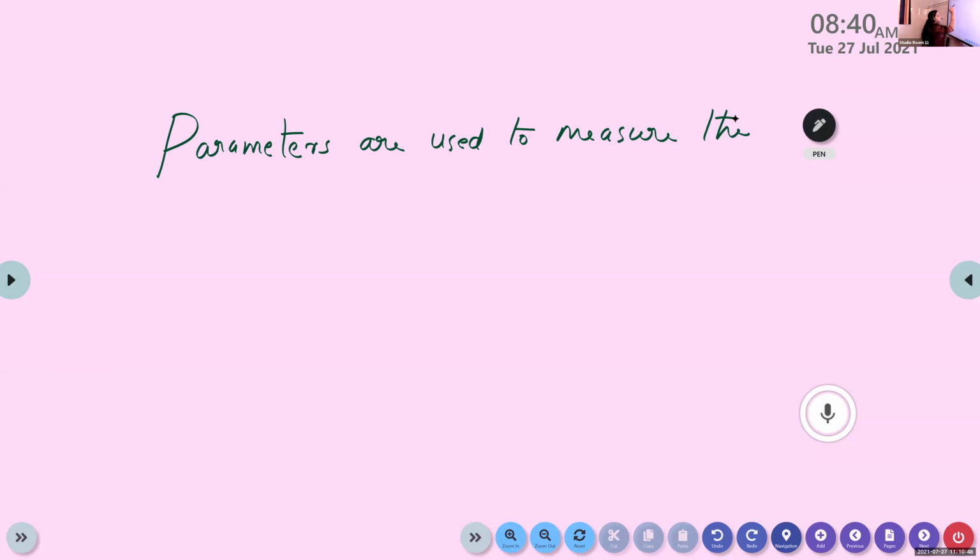All of you write the next heading: Parameters used to measure the magnetic properties of materials.